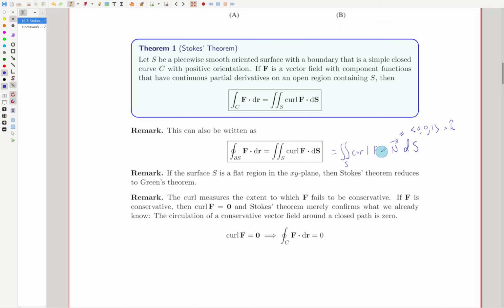Once you take that and dot it with the curl of F, if you think of F as the vector field given by P, Q, and R, and you take the curl and dot it, dotting it with this vector is only going to isolate the k component of the curl.